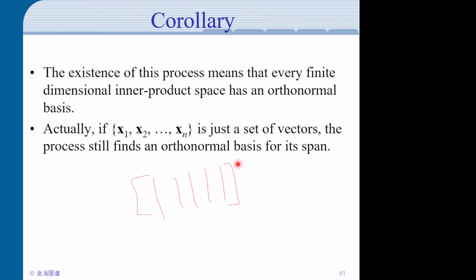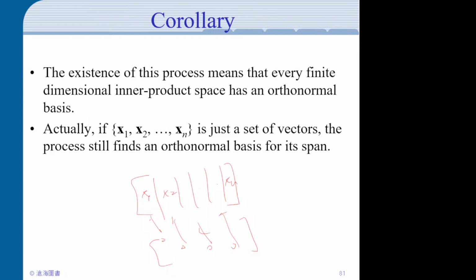Okay, a little reminder. Before, when we were finding a basis for x1 to xn, there are kind of two ways: you can list them as rows or as columns. If you list them as columns, then you do Gaussian elimination and you need to find the pivots, and the pivots correspond to the minimal set that will span the whole space.